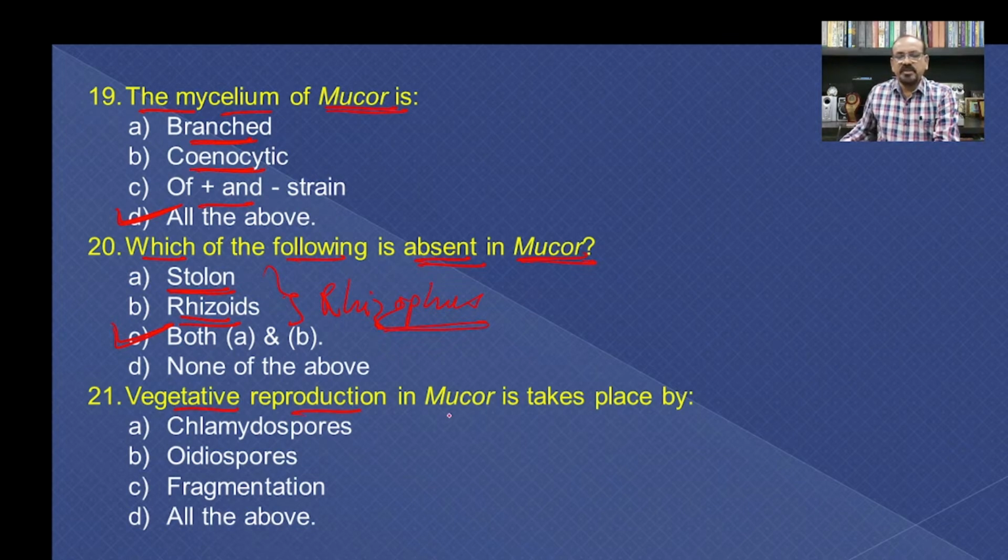Vegetative reproduction in Mucor takes place either by chlamydospores, oidiospores, or even fragmentation. We can say it is vegetative and asexual reproduction, because the chlamydospores and oidiospores are asexual reproduction, and hence all the above become the answer for this question.